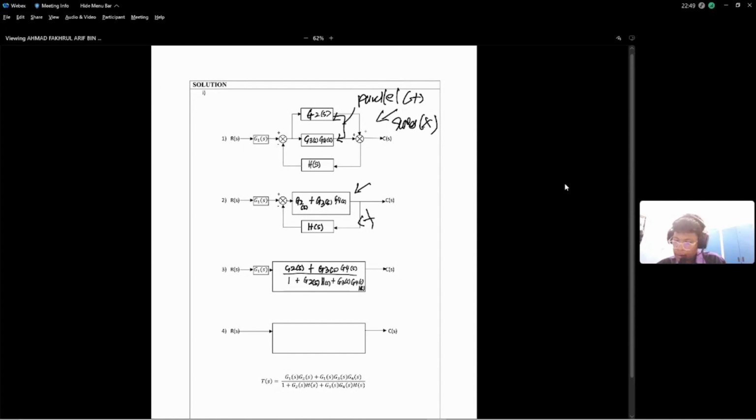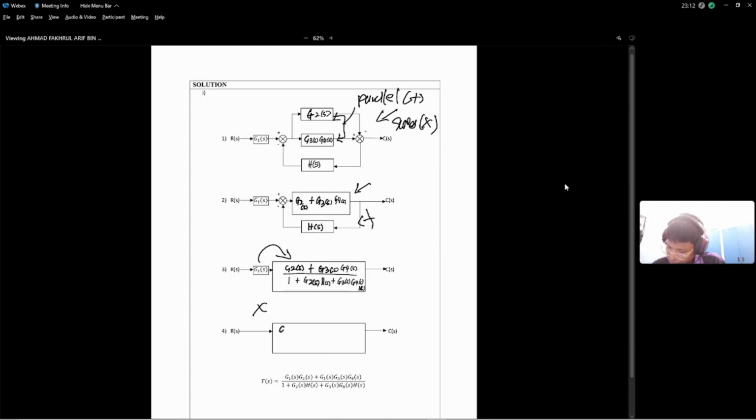And then after that we go to the final block reduction. We need to combine these two blocks by multiplying them.